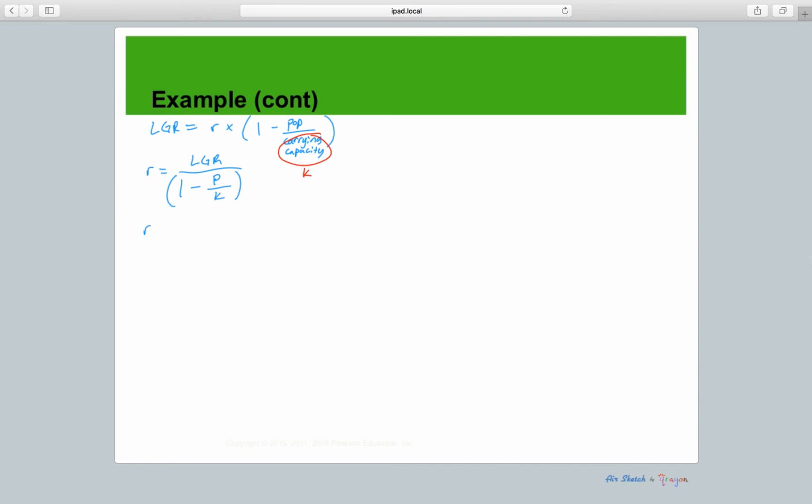They say the growth rate in 1960 was about 2.1%, so that's what I'm going to use as my logistic growth rate. So R equals 0.021 as a fraction over 1 minus the population in 1960, which was 3 billion, divided by the assumed carrying capacity of 12 billion. We can put all that in the calculator and we get about 2.8%.